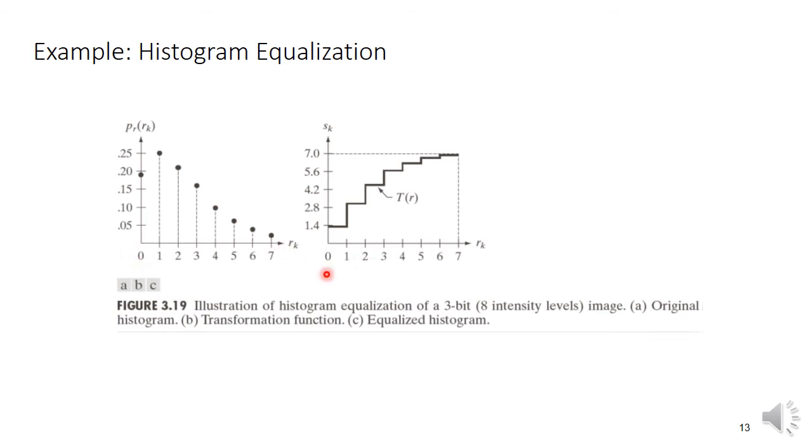This was the transformation function, that this rk has to get transformed into value sk. And here comes the equalized histogram after applying the probability distribution function as in the previous slide.